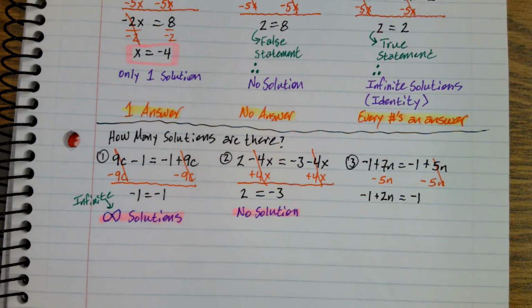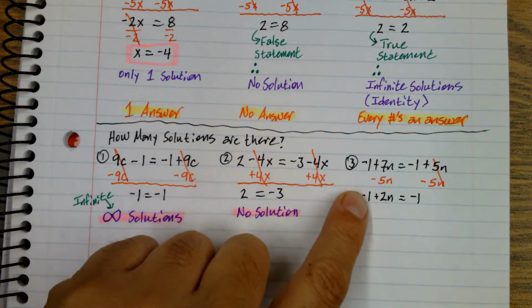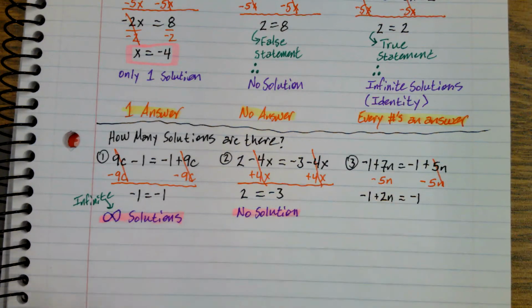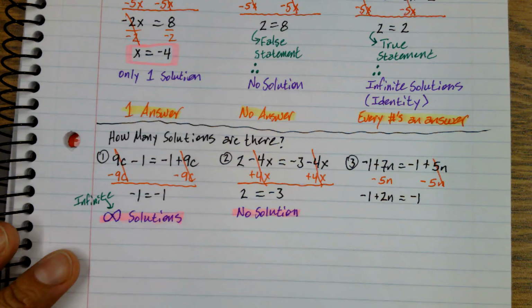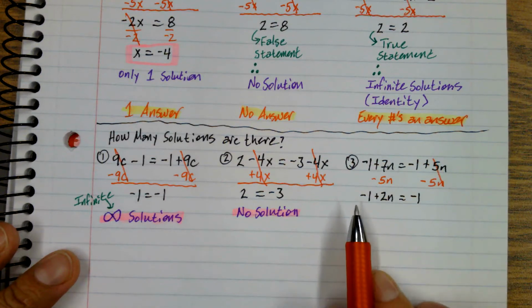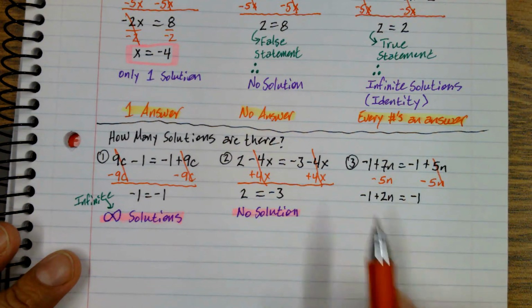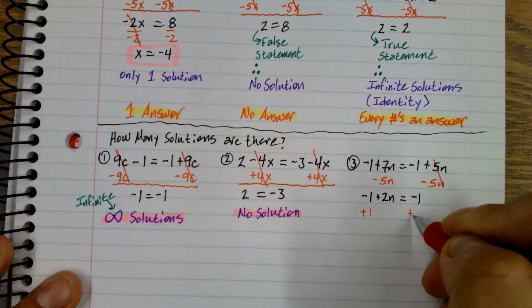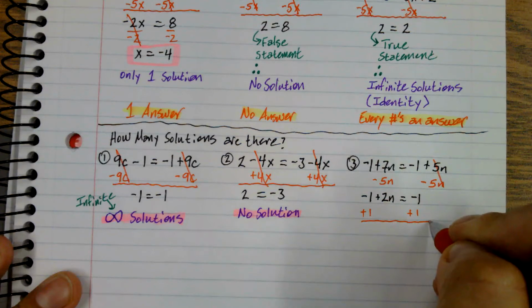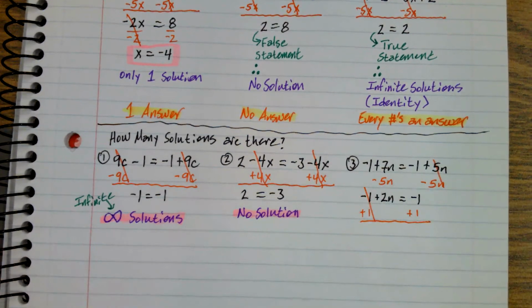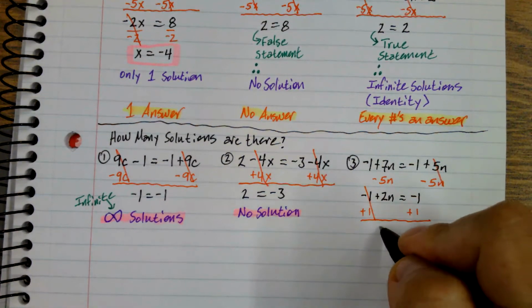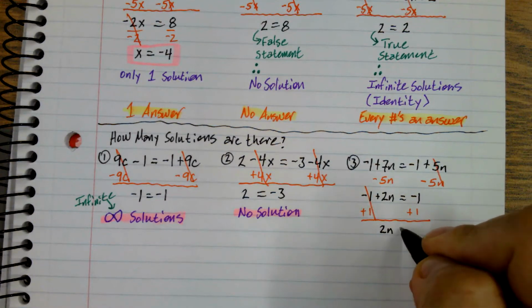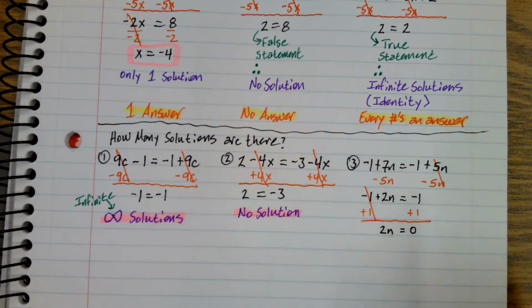So now, what do I do now? I get negative 1 plus 2n equals negative 1. Yeah, I want to get rid of this negative 1 on the left. Okay, so I end up with 2n equals 0.